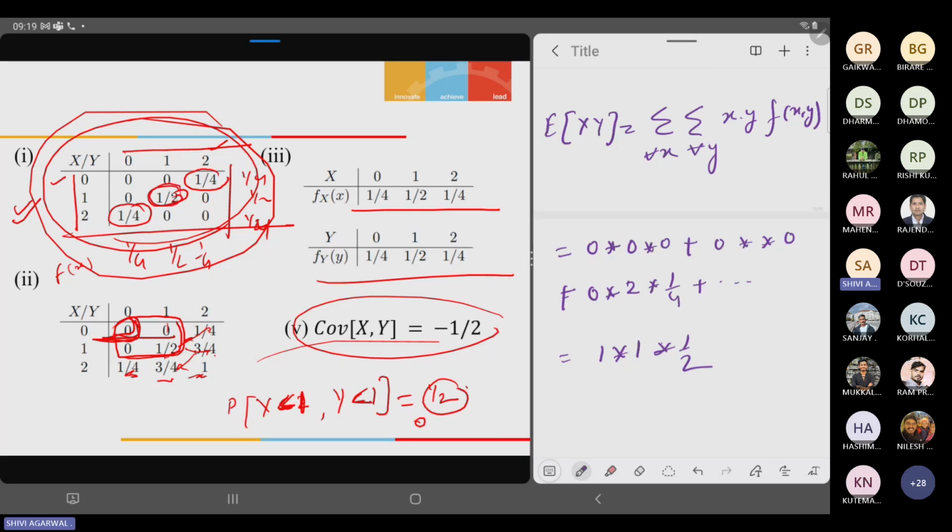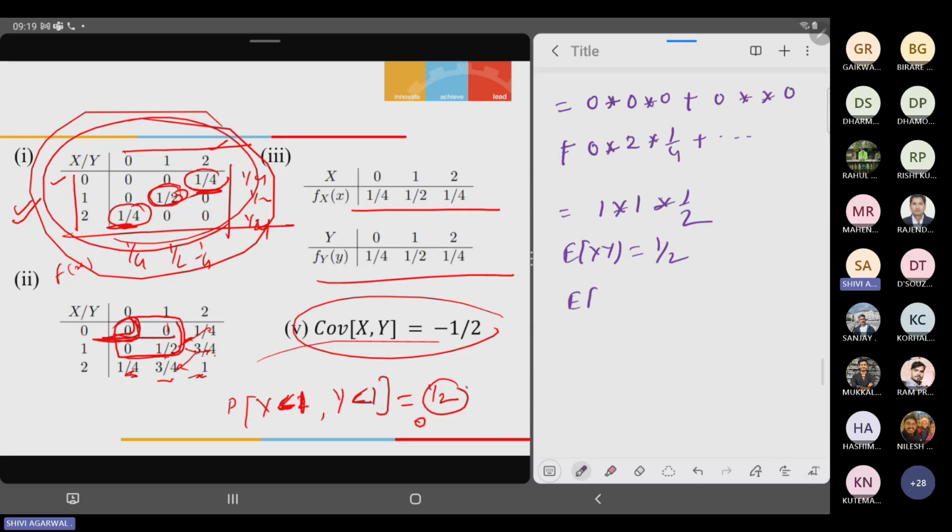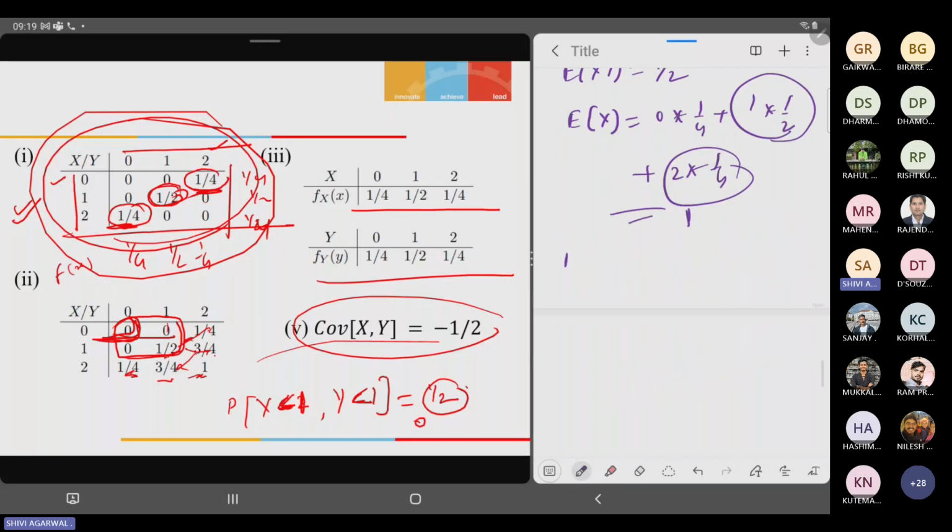This part, because this is multiplied by 0, this is multiplied by 0. All others are 0. That's why expected value of xy is coming here 1 by 2. Now expected value of x is what? 0 multiplied by 1 by 4 plus 1 multiplied by 1 by 2 plus 2 multiplied by 1 by 4. So it becomes half and half, so it is 1. Similarly, expected value of y.